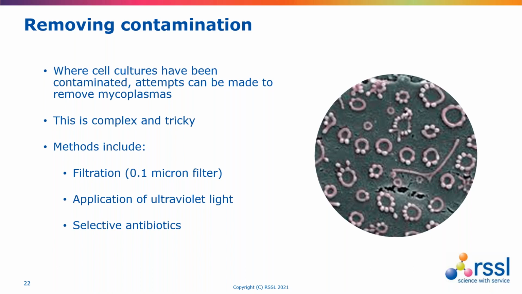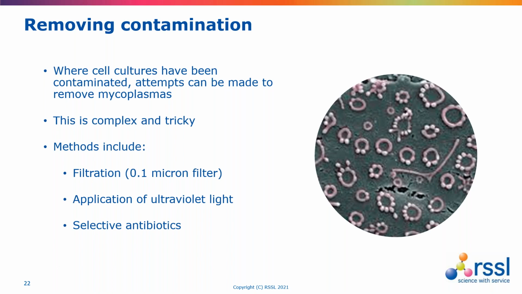But methods that can be deployed would include filtration, as we just mentioned, and things like the application of ultraviolet light, or the selective use of antibiotics. But in a lot of cases, it is impossible to remediate the cell line, and we're then faced with getting rid of the cell line.